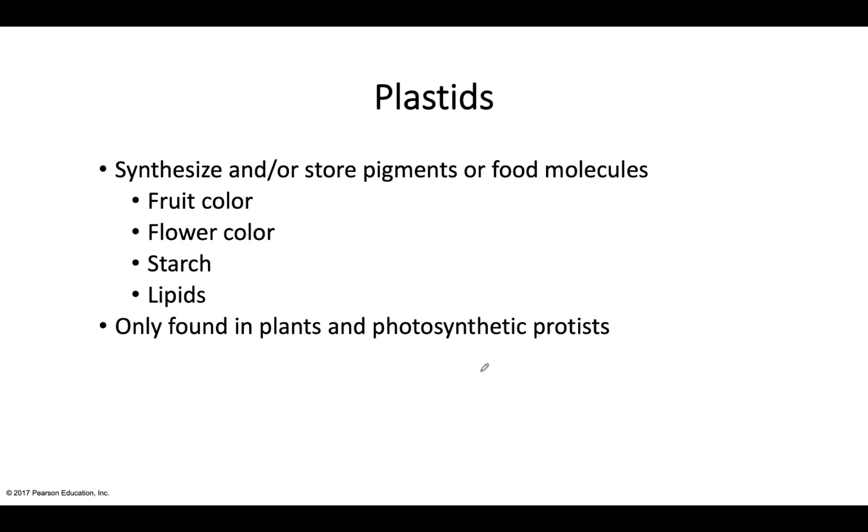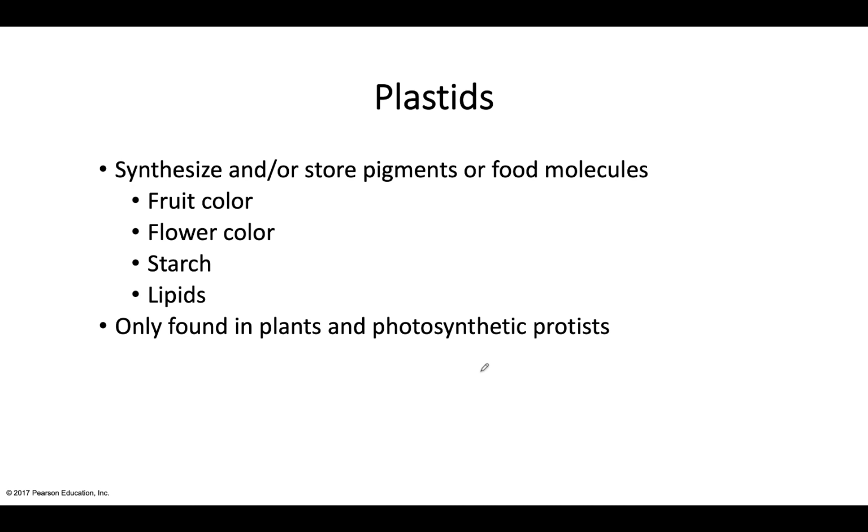Plastid. Chloroplast is one type of plastid. Plastids synthesize or store pigments or food molecules. When you look at a plant, of course, the leaf shows a green color because of the chlorophyll pigment.